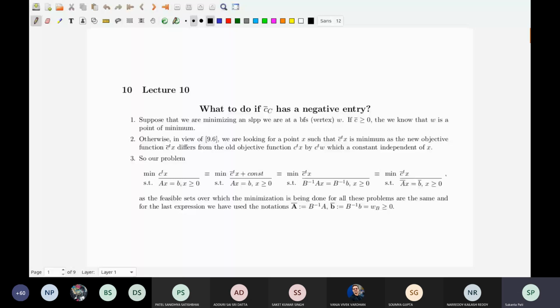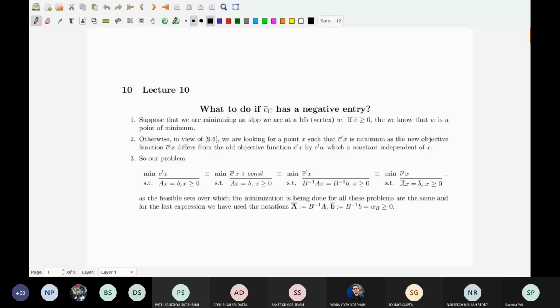That part is done. So suppose that we are minimizing a linear function. So we have one LPP. We have converted it to SLPP, and then a vertex is found, that is a BFS is found. And the computer tests by finding C bar.